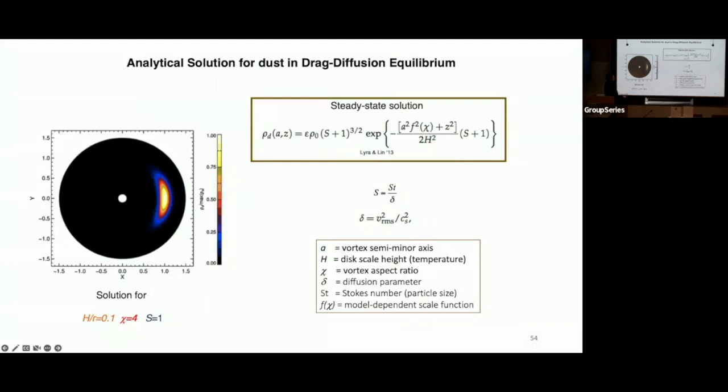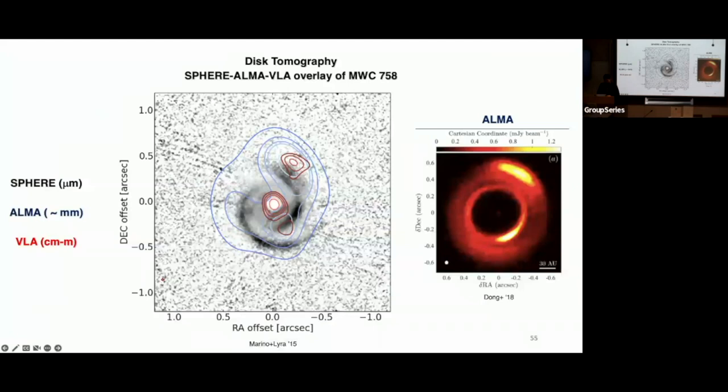The quantities that I'm showing here: the vortex semi-minor axis, the scale height, the vortex aspect ratio, delta is the diffusion parameter, and the Stokes number, which is the size of the grain. It's a model-dependent function. Basically it depends on these three quantities here: the scale height of the disk, the aspect ratio of the vortex, and the quantity S here, which is the Stokes number over the diffusion parameter. So it was quite fun to play with this function here and try to fit it to the observations. Turned out that, yeah, that's a very good fit.